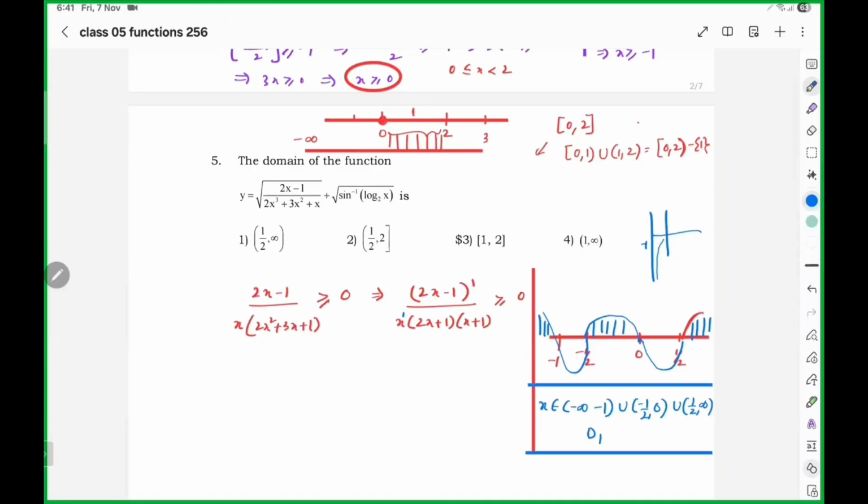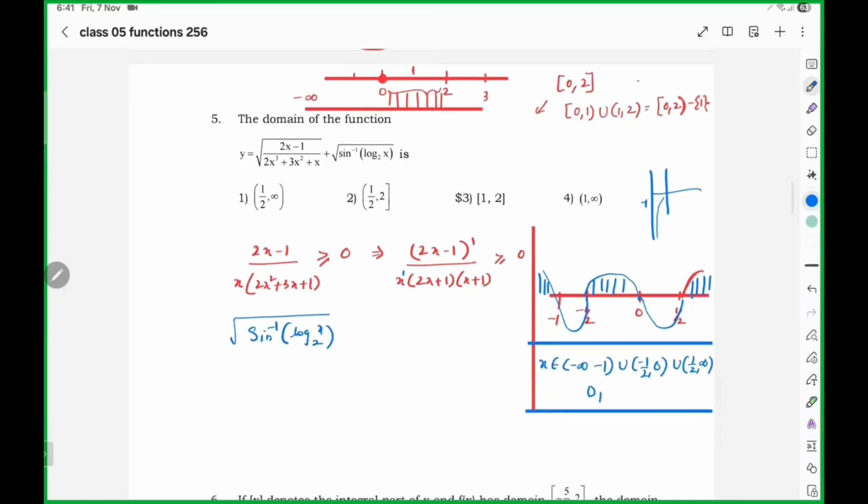Now let us find the domain of the second function, sine inverse log x to the base 2. Here there are three functions based on which it is defined.